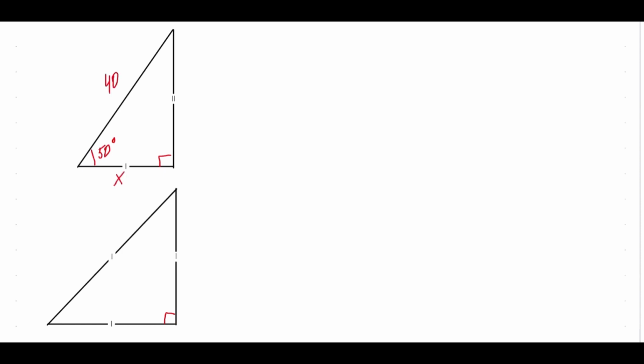And for the next one, let's say I'm going to change the location of the angle. So this is 50. This will be x, and this will be 40. So let's see what we get in each example. So I'm going to write here again, SOHCAHTOA, okay?